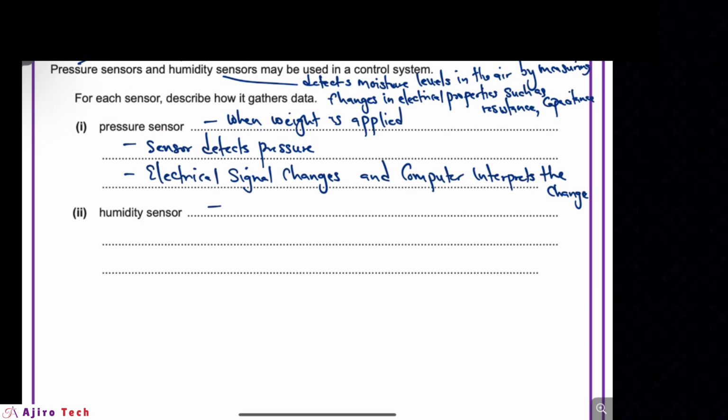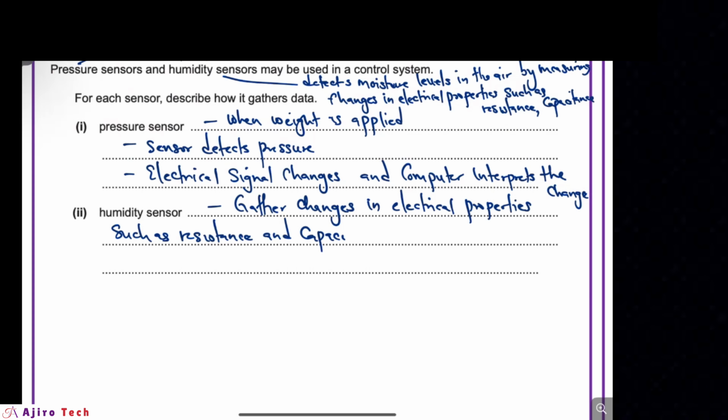So it gathers changes in electrical properties, such as resistance and capacitance.